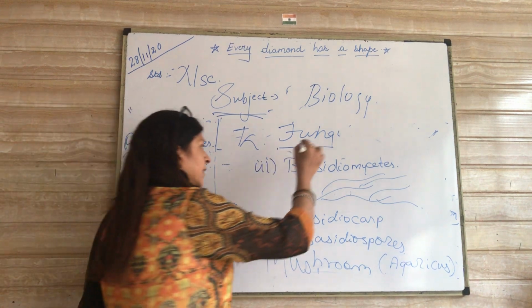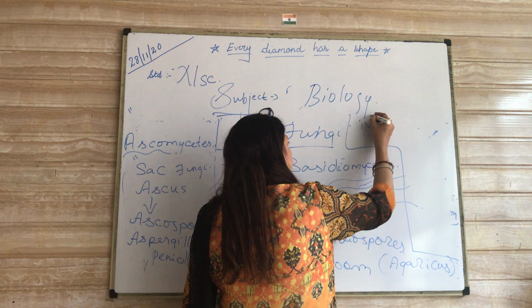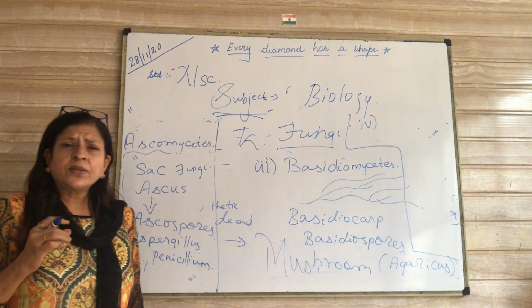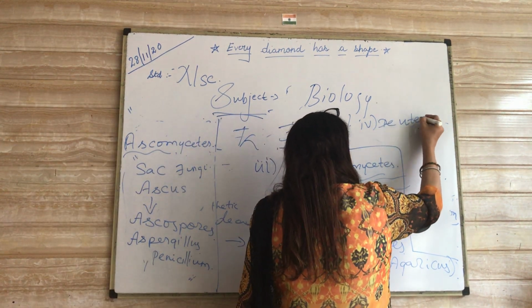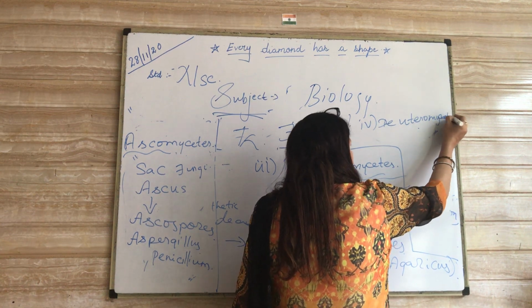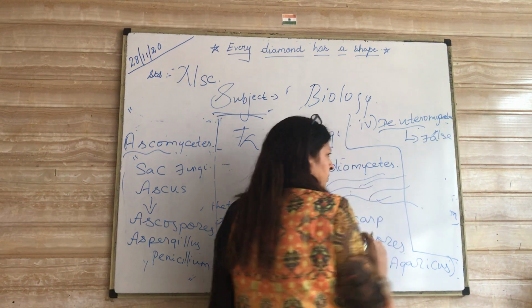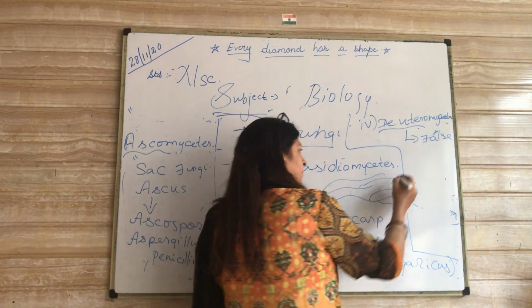The fourth category, let me use up this part of the board and save some time. This is called Deuteromycetes. Deutero means false, something not perfect.